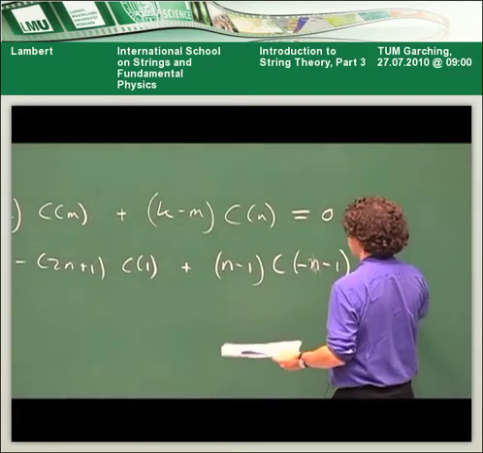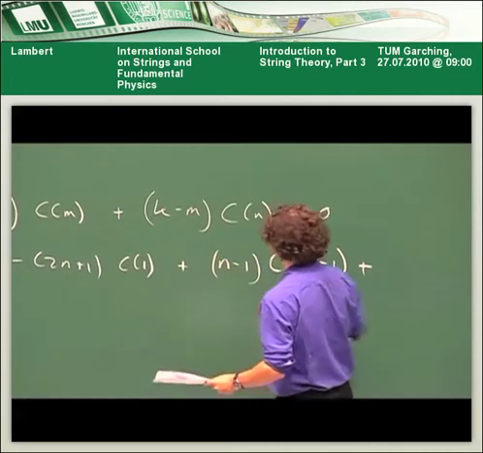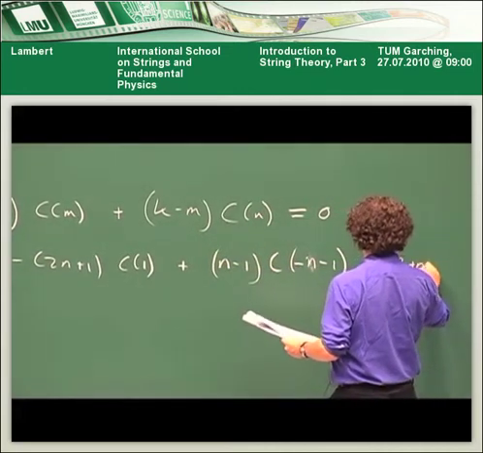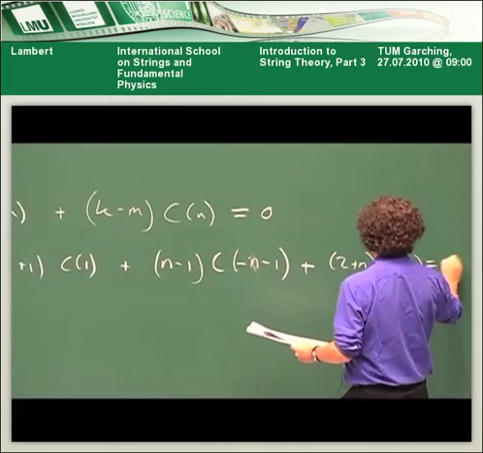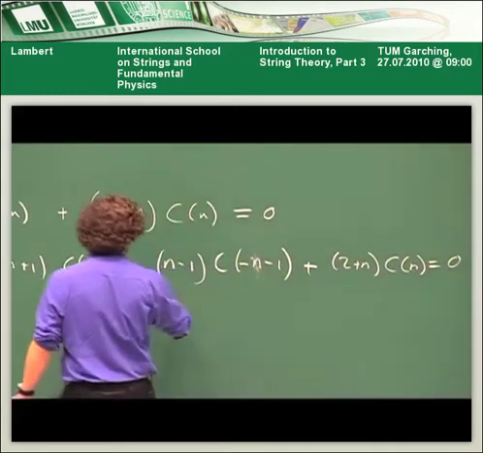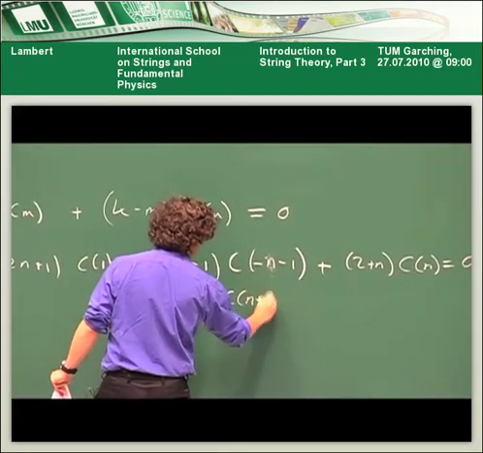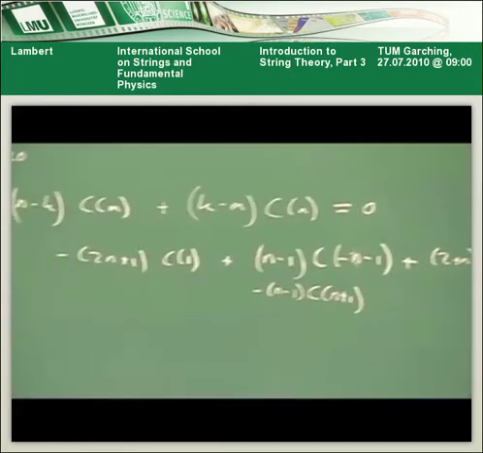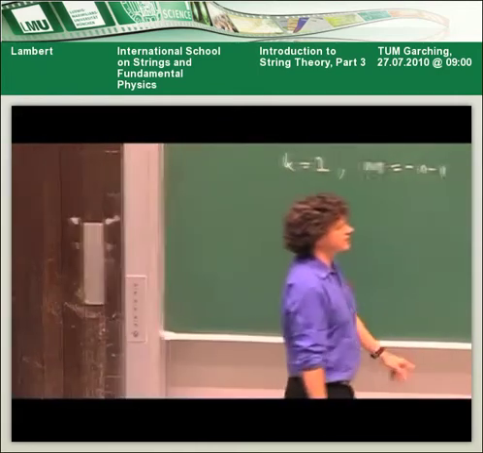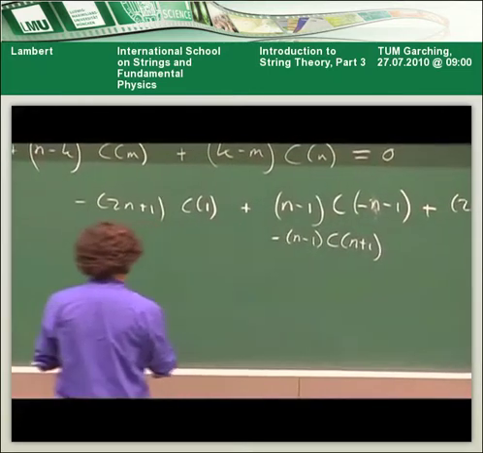And here you get k minus m, which is 2 plus n, times C of n. This term you can write using the fact that it's an antisymmetric, odd function. So you can see you're getting a recursion relation that tells you what C of n plus 1 is as a function of C of n.